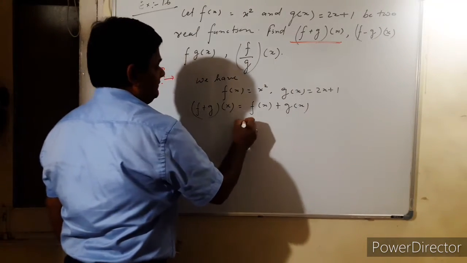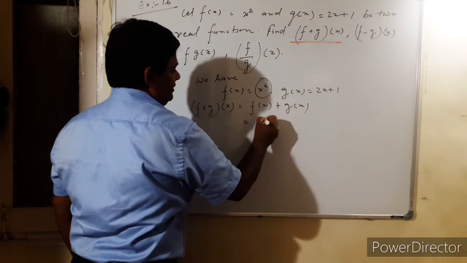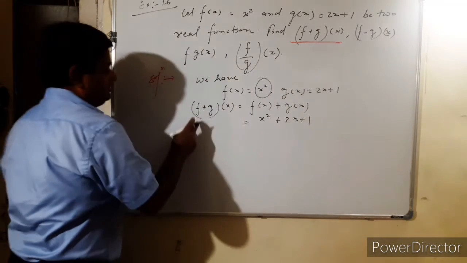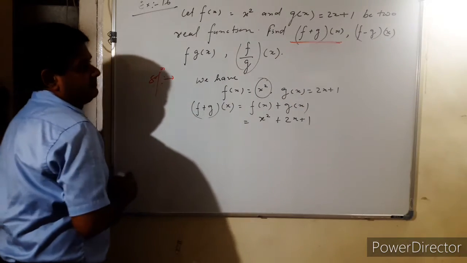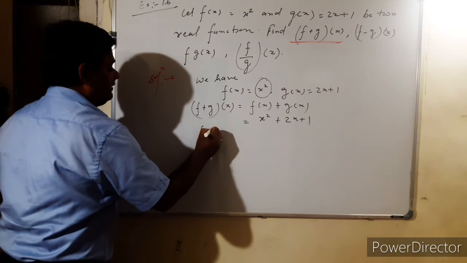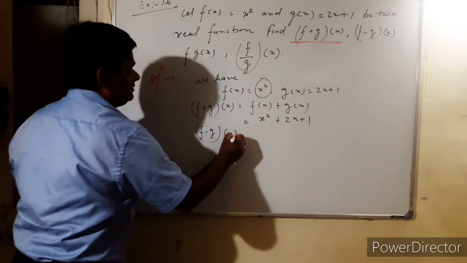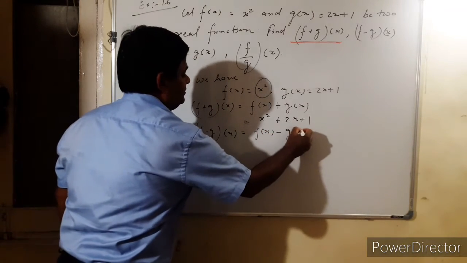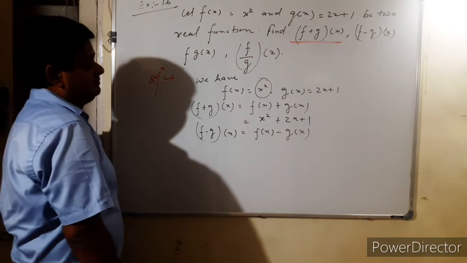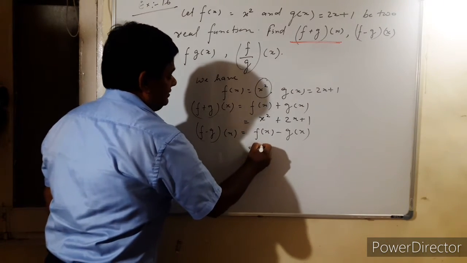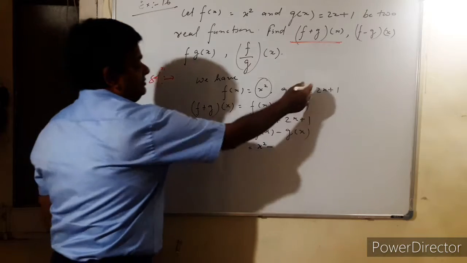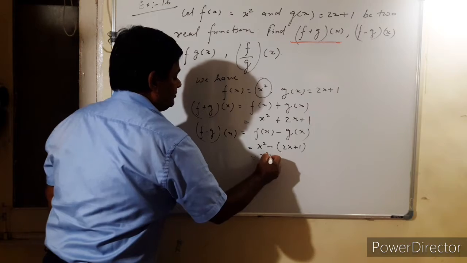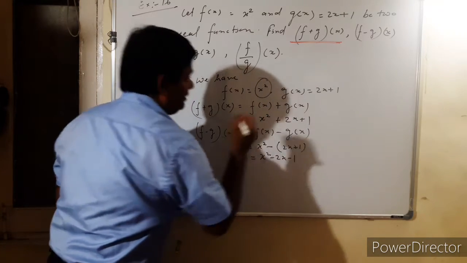What is f(x)? x square. And g(x) is 2x plus 1. This is your (f plus g)(x). Now find (f minus g)(x). You can write f(x) minus g(x), which is x square minus 2x minus 1.